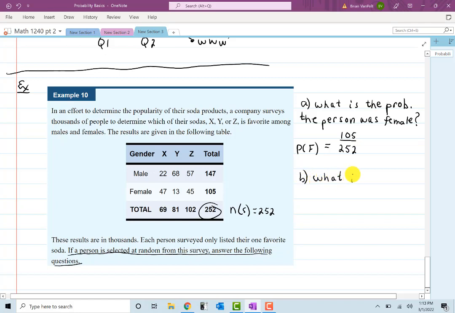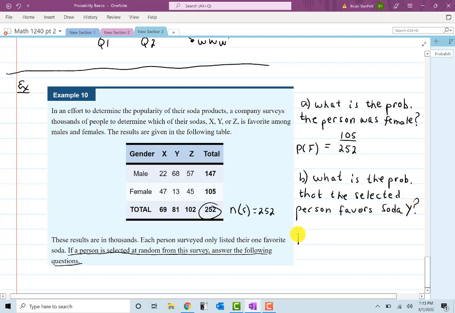What is the probability that the selected person favors soda Y?